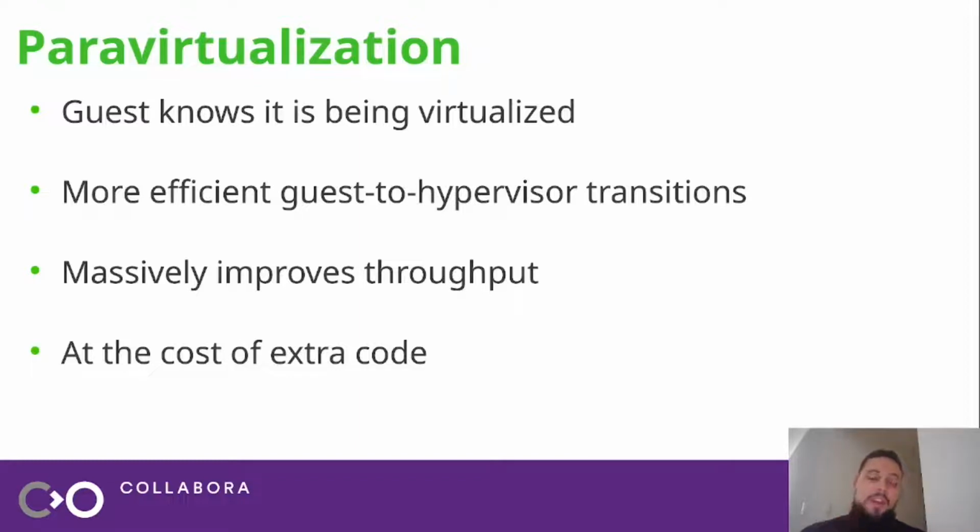But this will happen at the cost of extra code, because when you're using a Virtio device, you have to actually have a kernel driver for this Virtio device and also a corresponding virtual machine manager implementation. So again, you get massively improved throughput, but at the cost of a little bit of extra code.